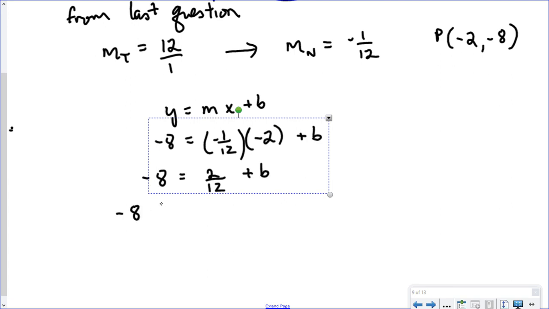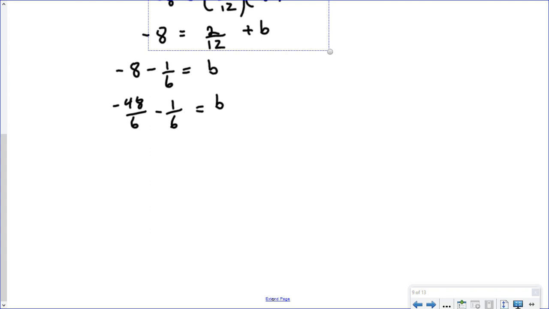Okay, 2 over 12 is 1/6. So negative 8 minus 1/6 equals b. I need a common denominator here. So it'll be negative 48 over 6, take away 1/6 equals b. Just want to confirm my solution. So I've got negative 49 over 6 equals b.